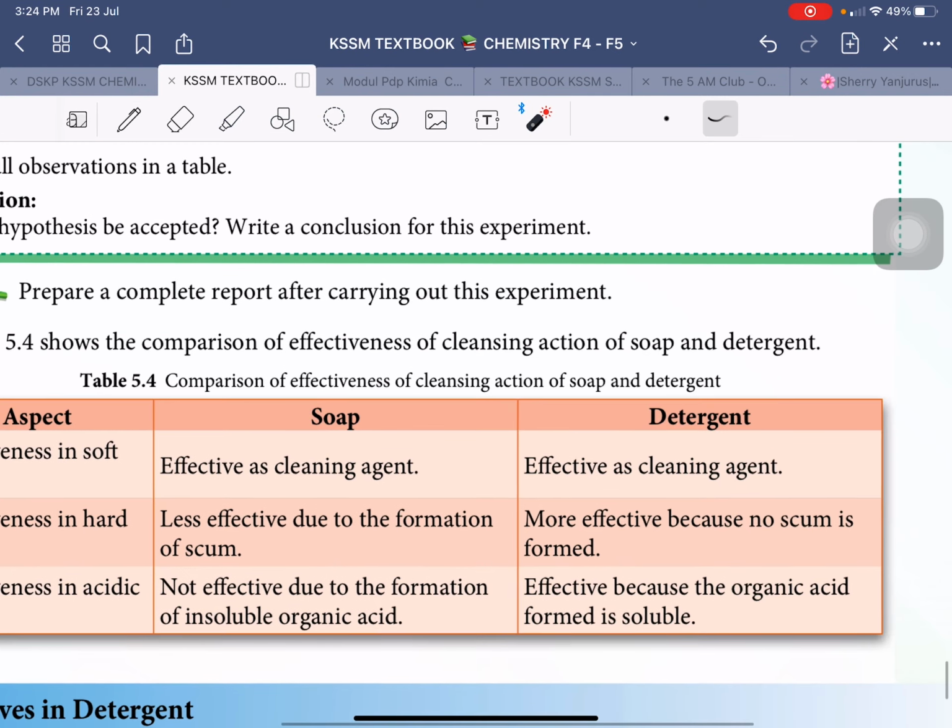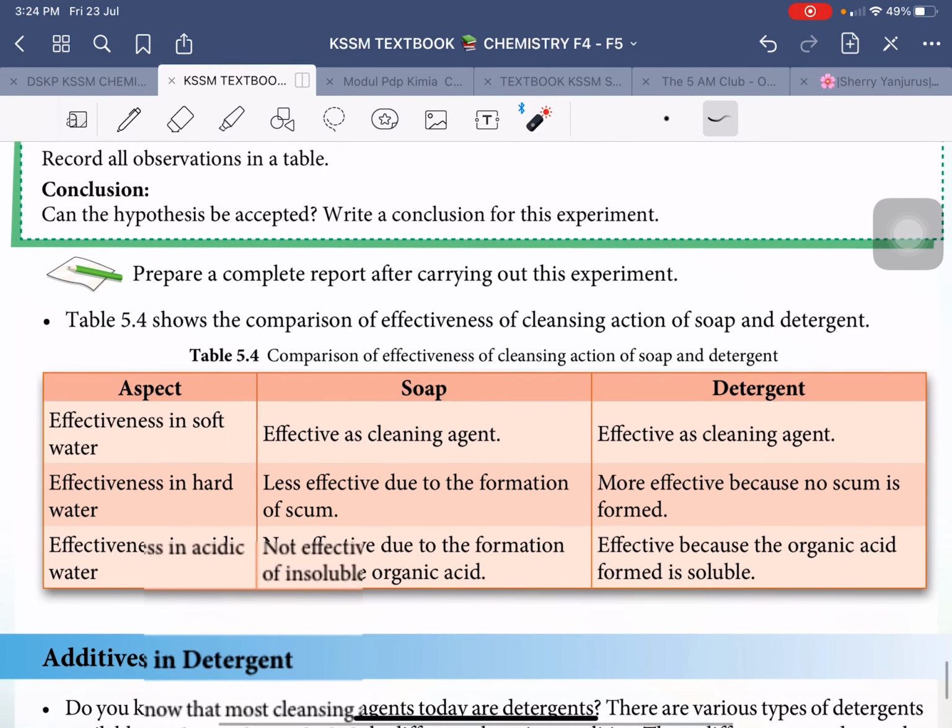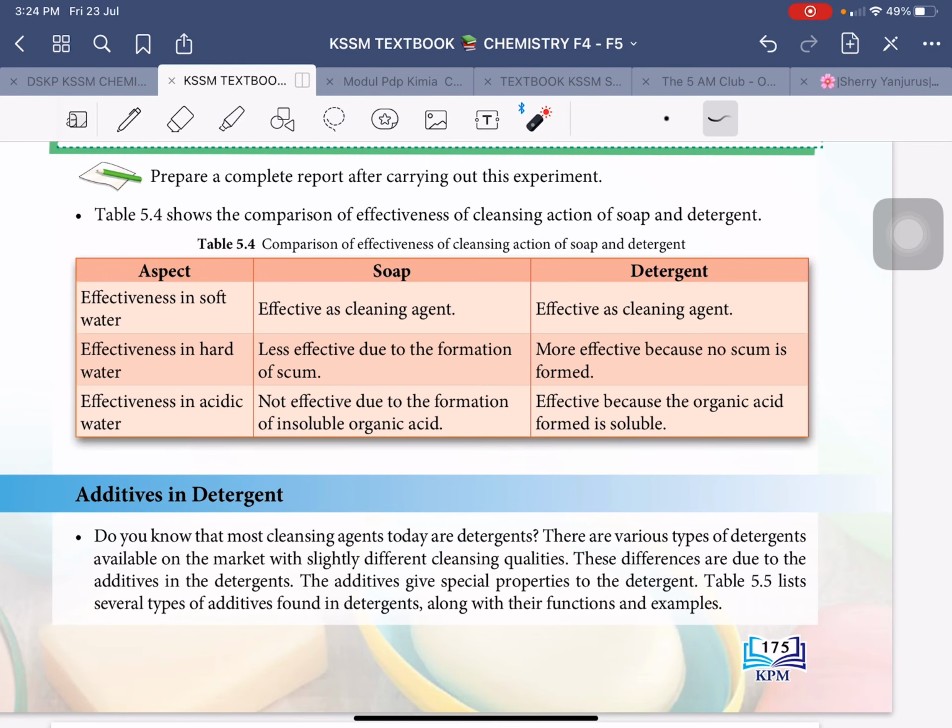Mari kita tengok this table here. Table 5.4 shows the comparison of effectiveness of cleansing action of soap and detergent. So let us compare lah. So effectiveness in soft water. Kalau ada hard water, mesti ada soft water. Kalau hard water is the air laut, soft water tu adalah air paip, air biasa. So soap: if we use soap in soft water, it is effective as a cleaning agent.